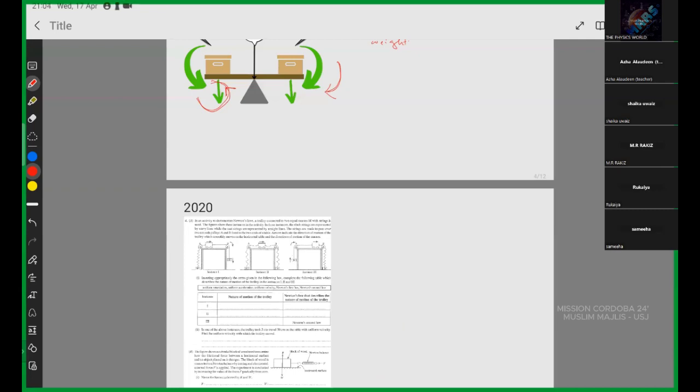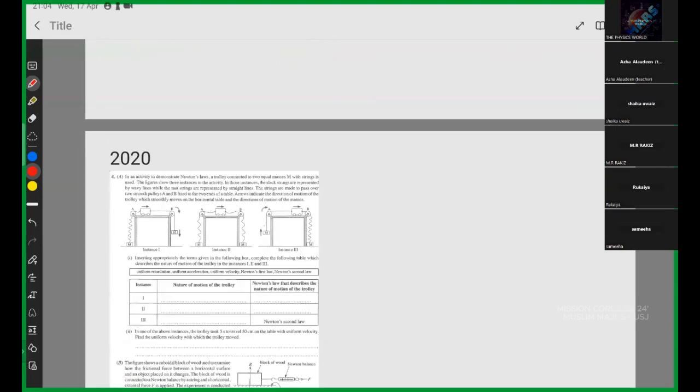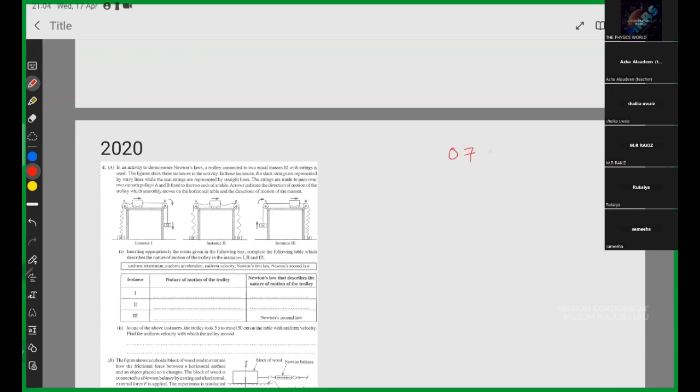If you need any help, you can contact me. You can send me the question and I'll explain it through a voice note or any means. I'll give my number, you can note it down if you need. You can try all these physics questions to study the chapter, and if there are any doubts, contact me.